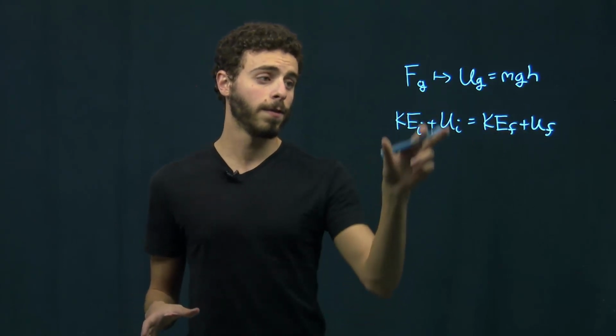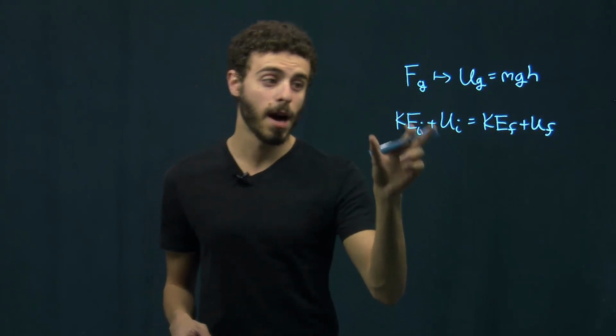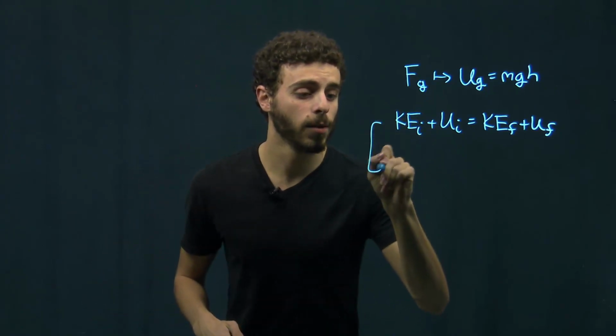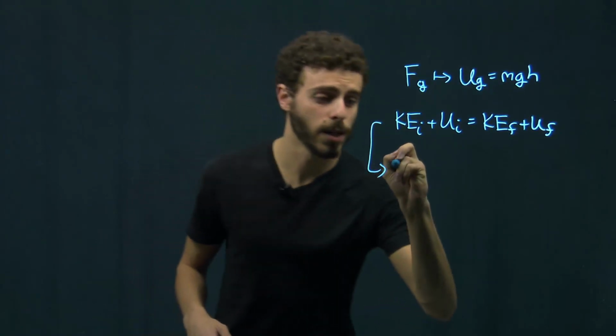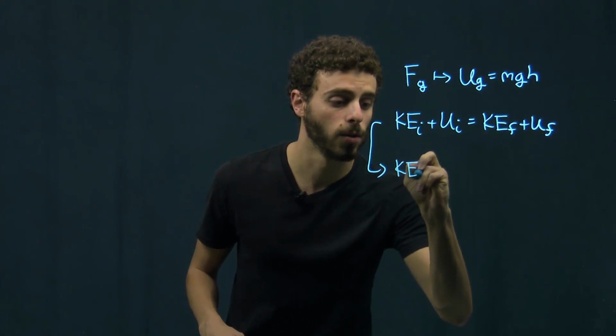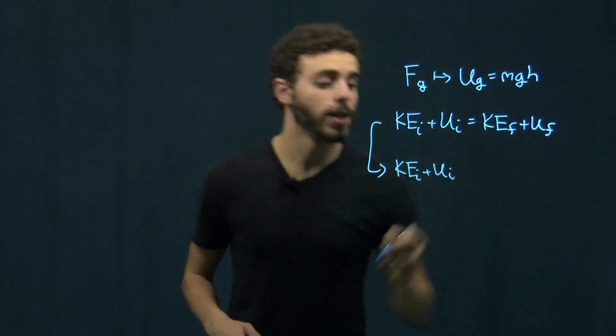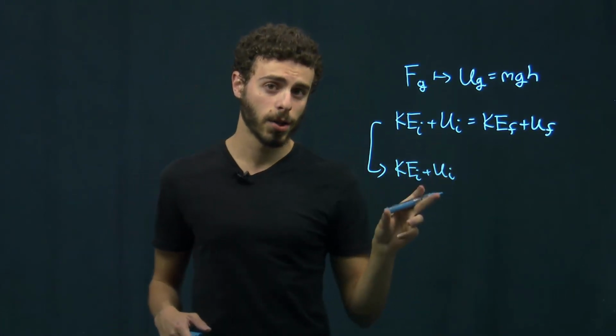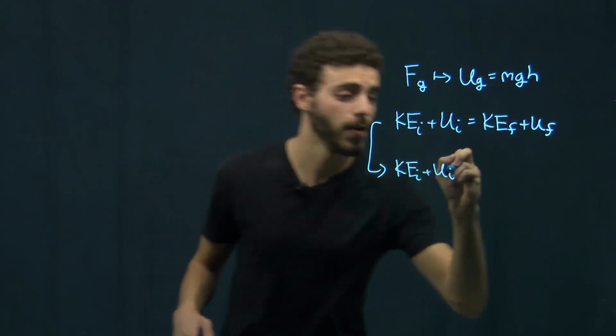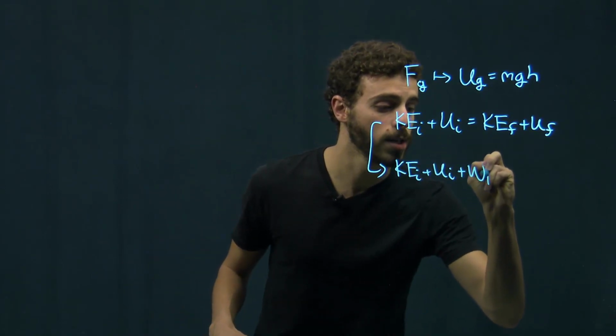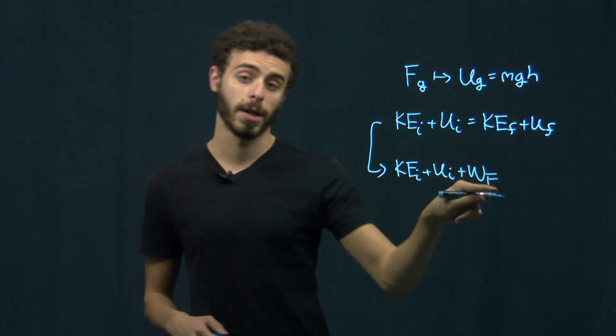If we have a non-conservative force, the total mechanical energy is not conserved. But we can deal with that in the following scenario. We can say that we have some initial total mechanical energy. And then to account for the change that the non-conservative force does on this total mechanical energy, we will just add the work done by this non-conservative force.